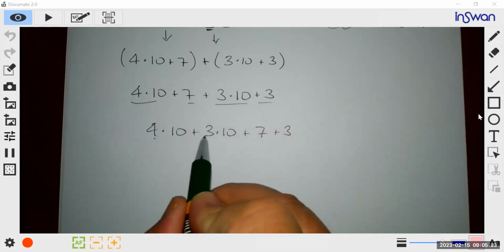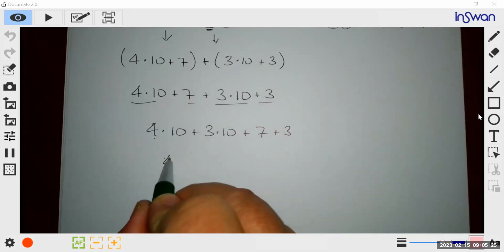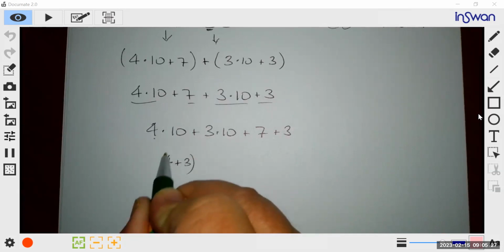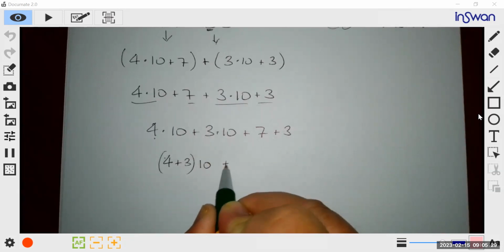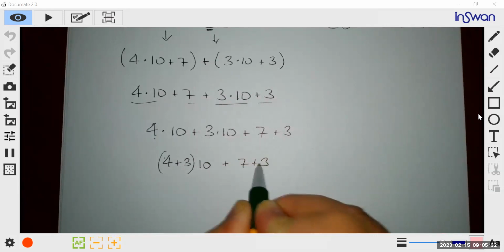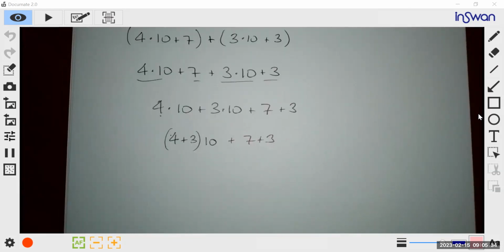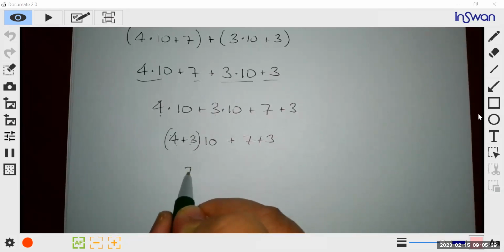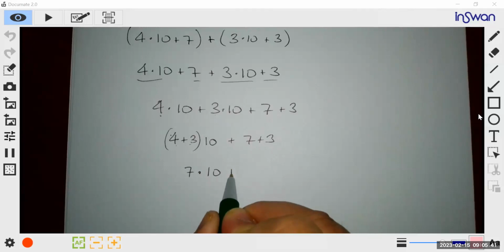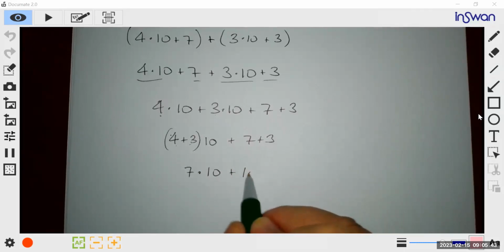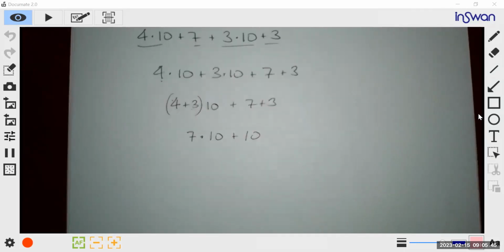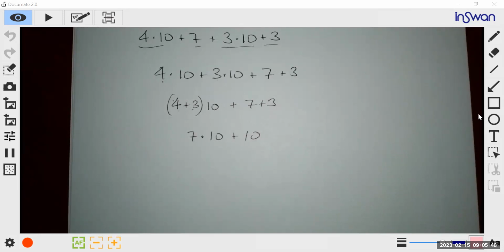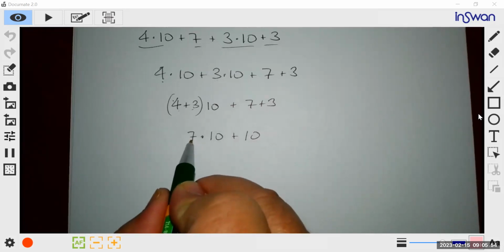So I have 4 tens here and 3 tens here. I can combine the coefficients, the numbers in front. 4 plus 3 is 7 times 10. 7 plus 3 is 10. So how many tens do we have? Here's 7 of them, 7 times 10.